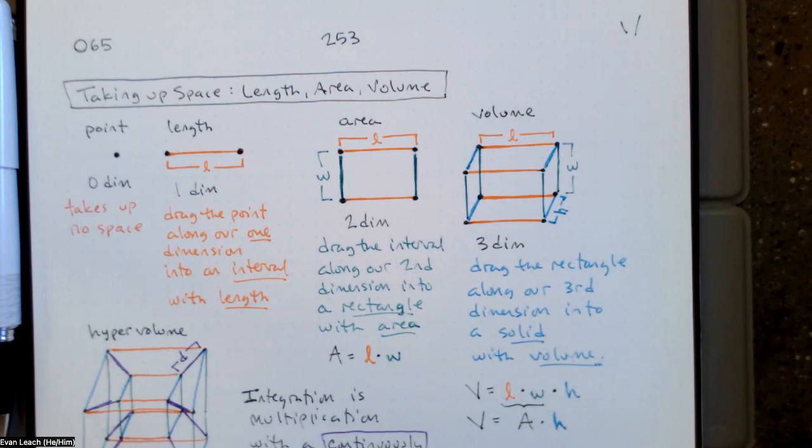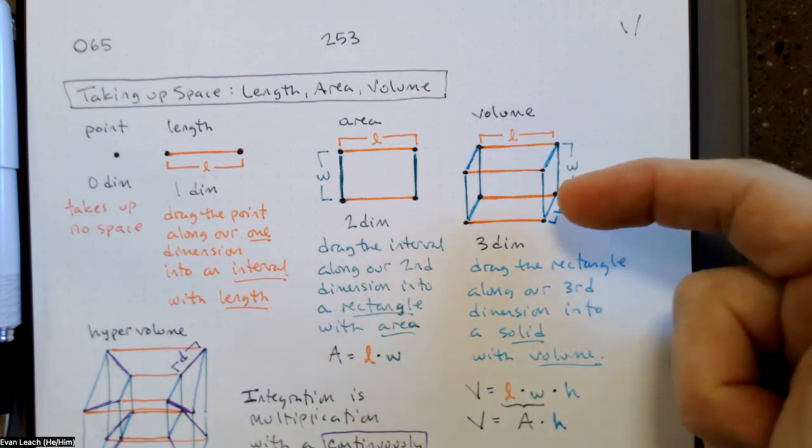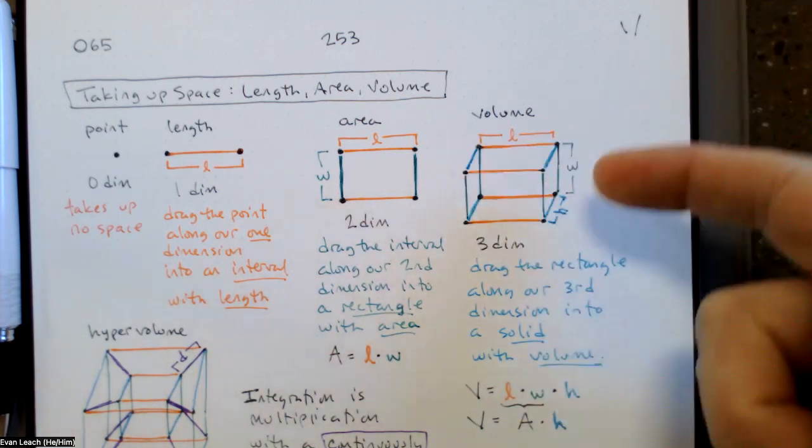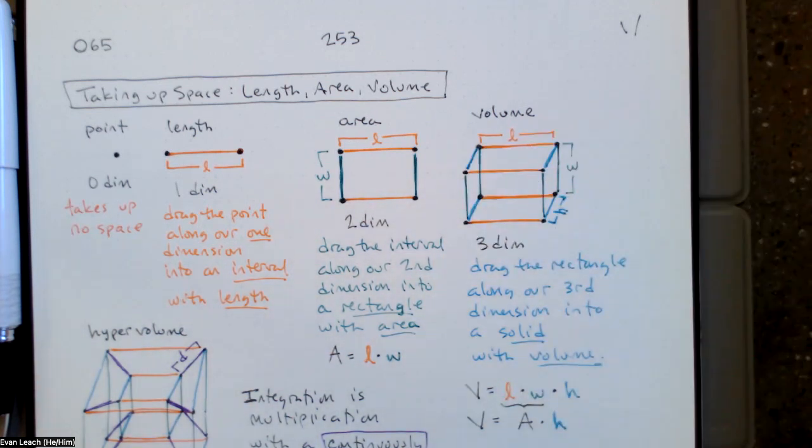So if you recall, when we were doing volume problems in Calc 2, the shape always had to be the same, but its size could change. So if I've got this cross-sectional area and it's a rectangle, I had to be able to say length times width at every point along the height. Because I only have one variable to work with, I had to be able to write that rectangular area in terms of the height.